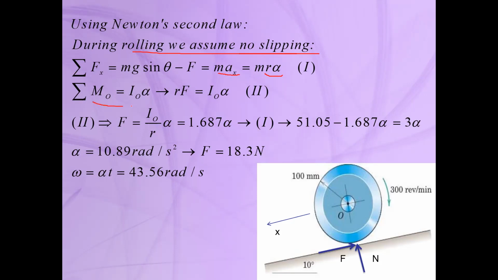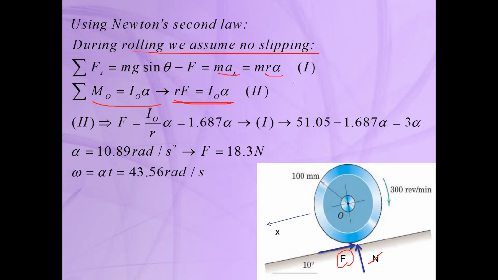And then we can write the moment equation about the mass center. We will have the moment due to this force F, and there is no moment due to the force N and the weight. So it's equal to R times F, equal to I_O times alpha.